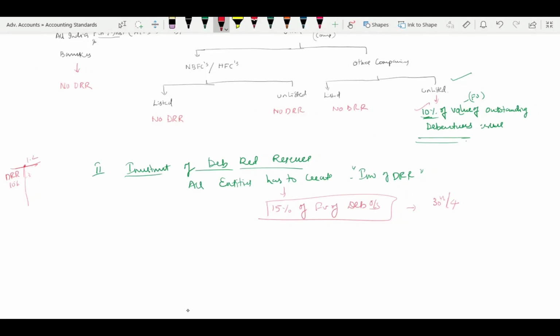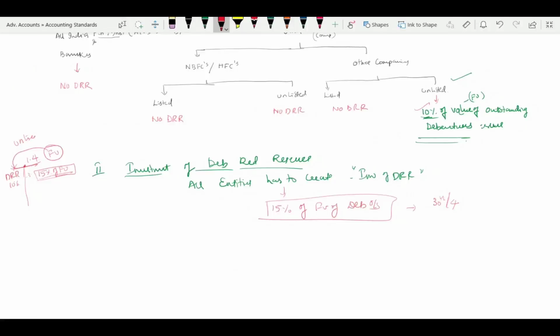Whether it is listed or not, for all companies, this debenture redemption investment holds. For all the entities it is applicable, not only unlisted ones. So now 15% of face value you have to invest by the end of 30th April.